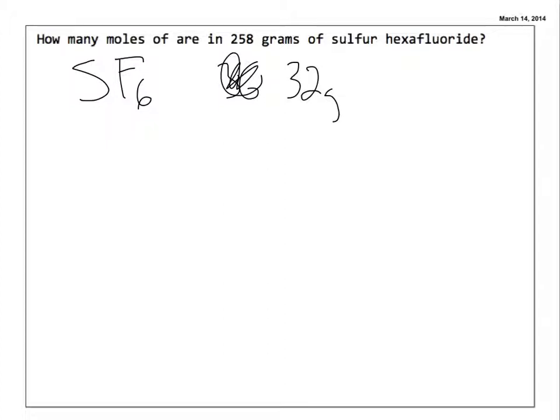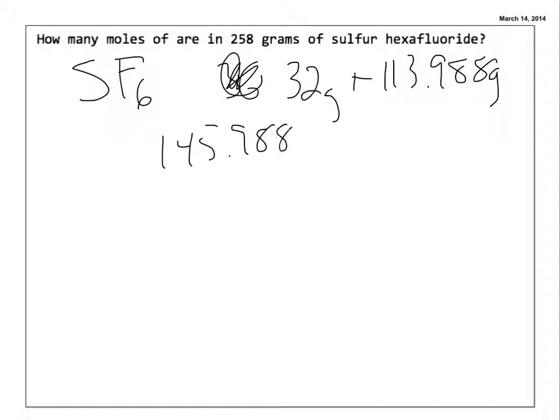And fluorine is 18.998, so 6 times that would be 113.988, which means the molar mass of the compound is 145.988 grams.